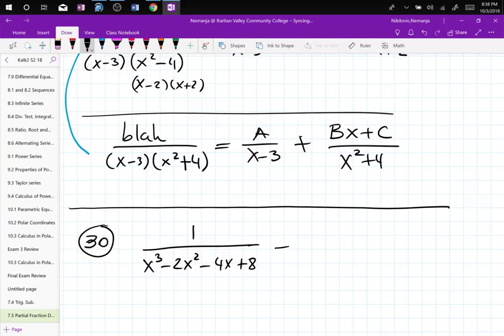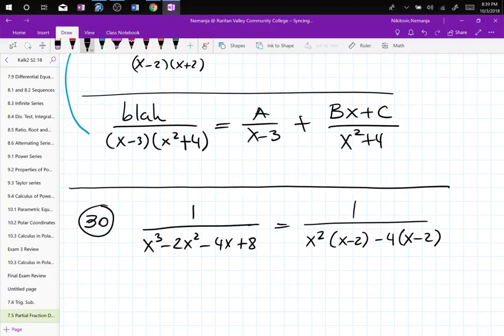Let's do some factoring, some algebra over here. Group the first two, kick out x squared, and we are left with x minus 2. Group the second two, kick out negative 4, and you are left with x minus 2. Nice. Yeah, review factoring, as you can see.